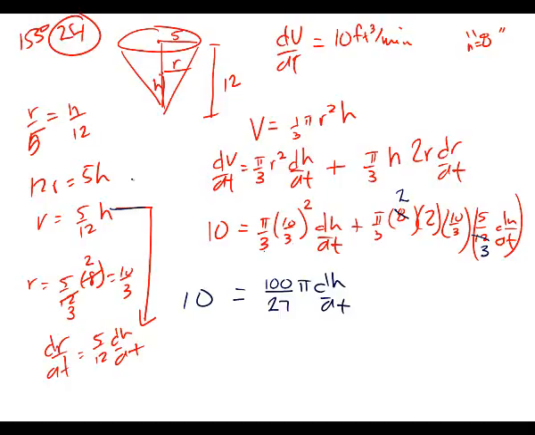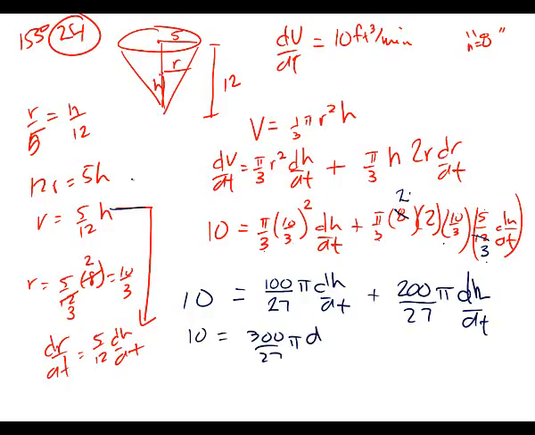Now check this out. 3 times 3 times 3 in the denominator is 27. It's nice how that came out like that. Okay? Alright, and then we've got 2 times 2 is 4 times 5 is 20 times 10 is 200 pi dh/dt. What's 100 plus 200? 300 over 27 pi dh/dt.